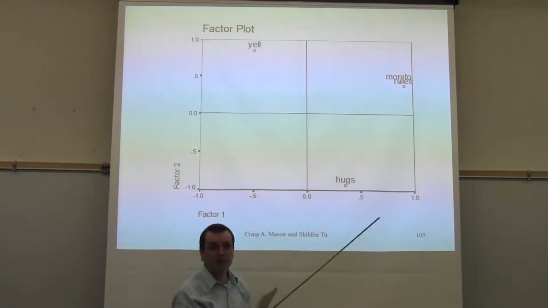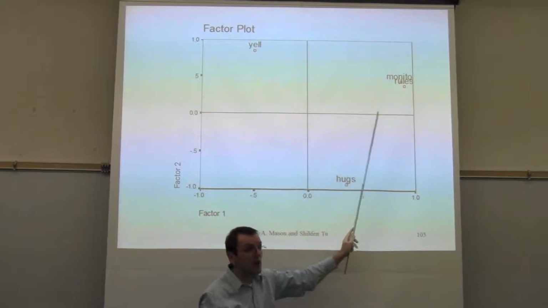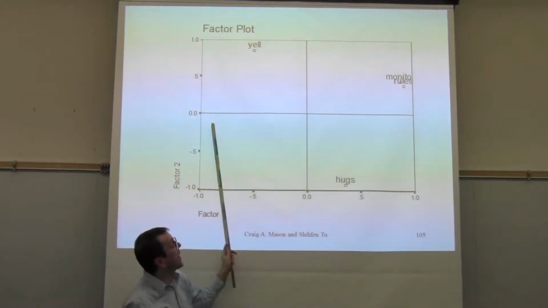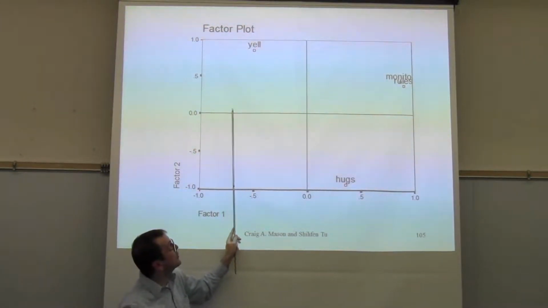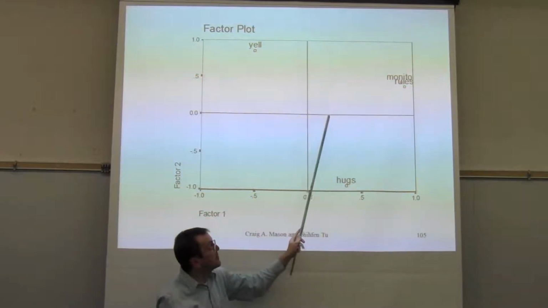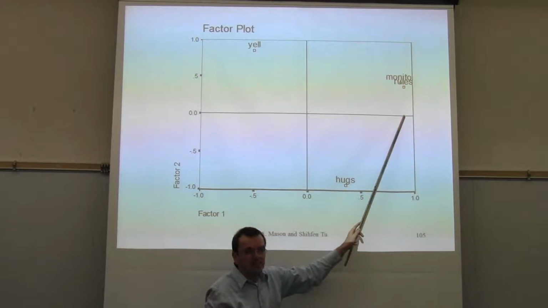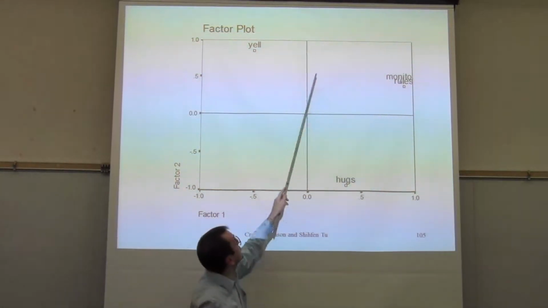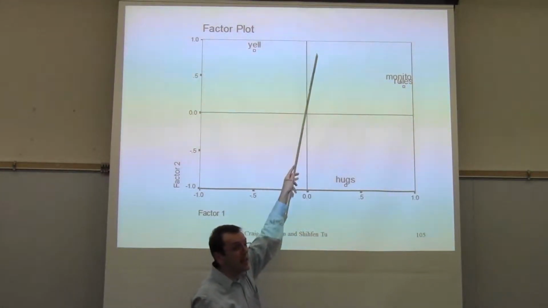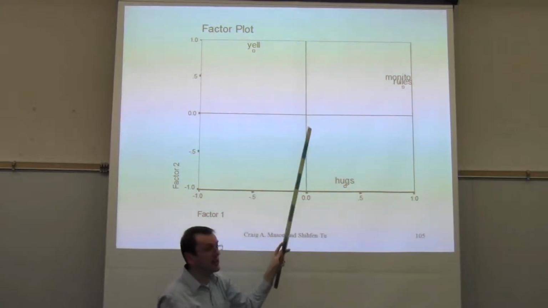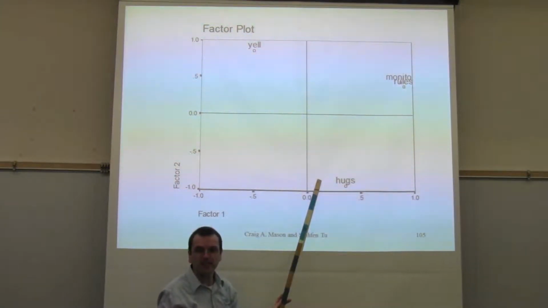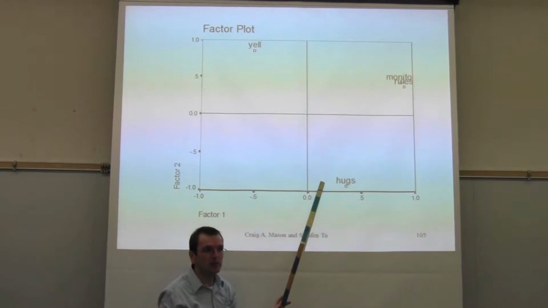It would be nice if, and this is where the interpretation becomes hard, because what is factor 1? Factor 1 means you're going from yelling up to maybe a little hugging and then doing lots of monitoring. I'm not sure what to make of that. In factor 2, you're going from doing a lot of yelling to maybe some monitoring down to hugging. Again, not very interpretable.